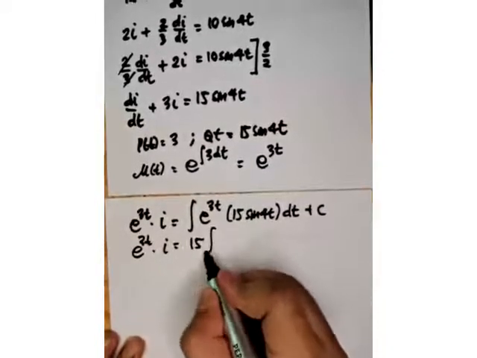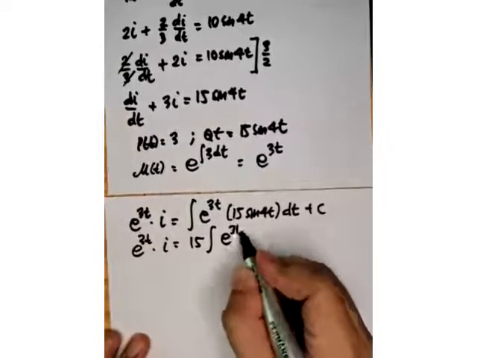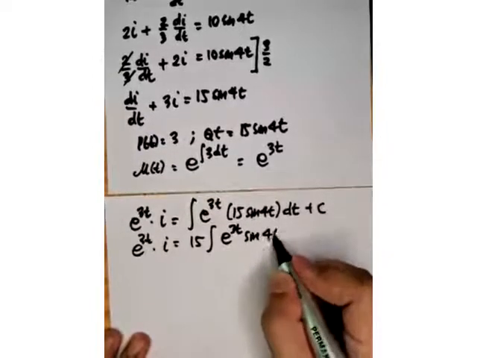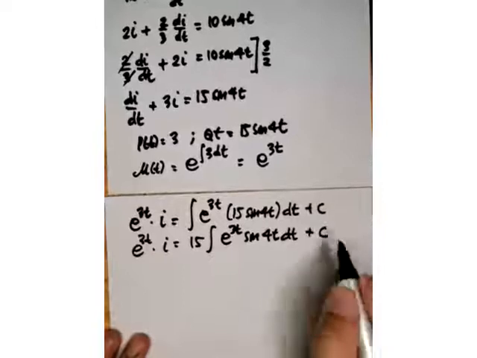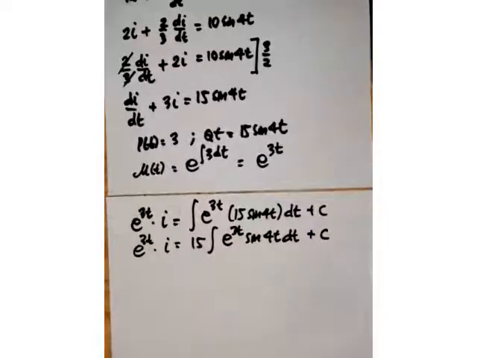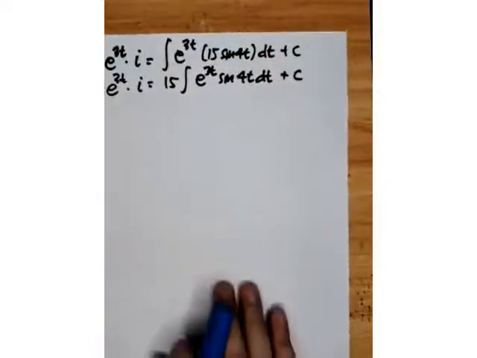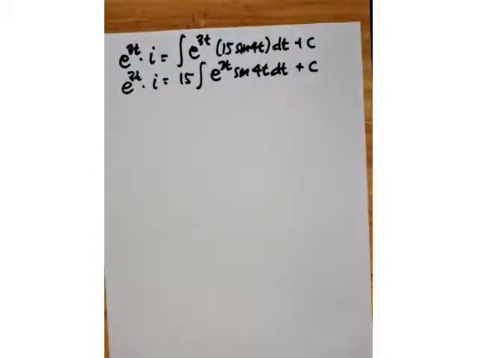So 15 times the integral of e 3t sine 40 dt plus c. Paano natin ito i-integrate? Okay, kung magliliyate tayo kasi wala tayong choice kundi magba-by parts.